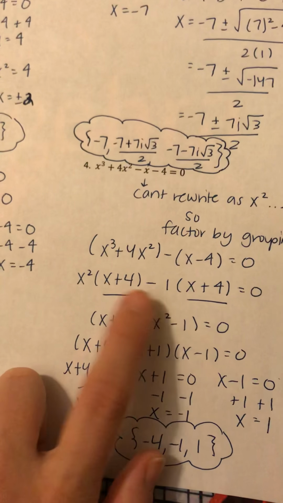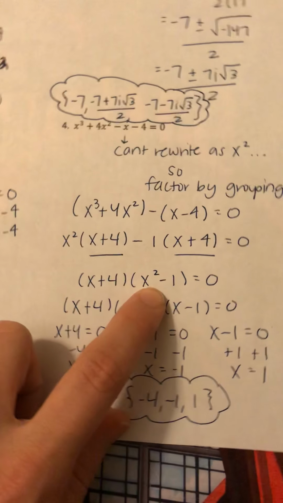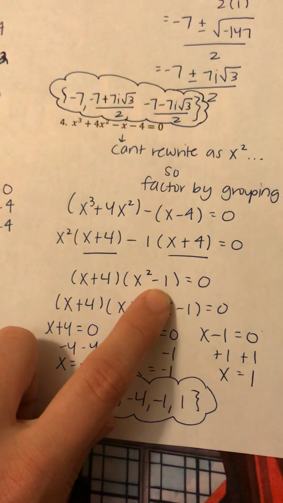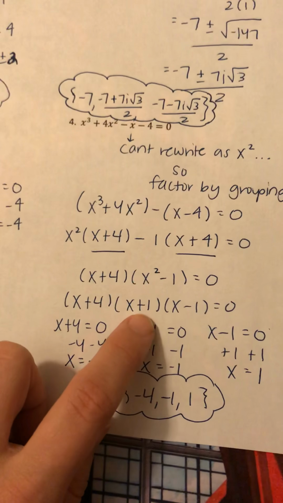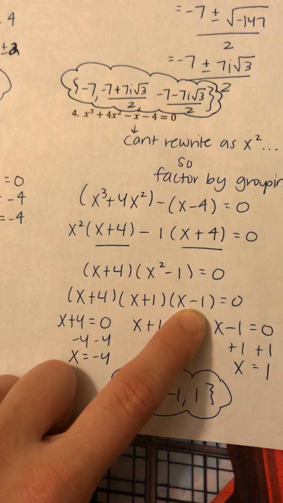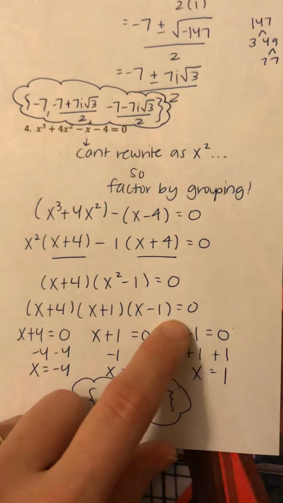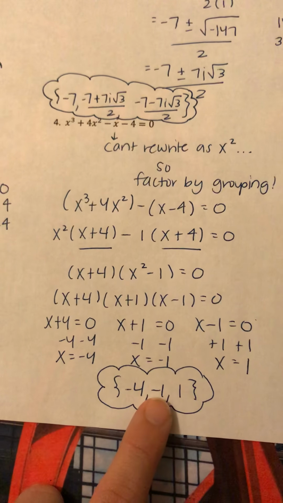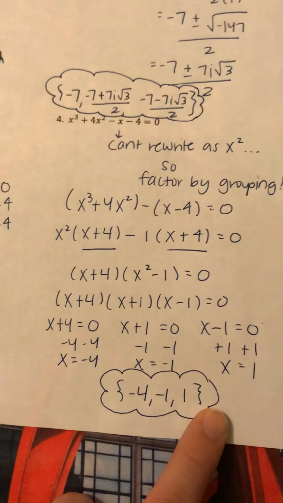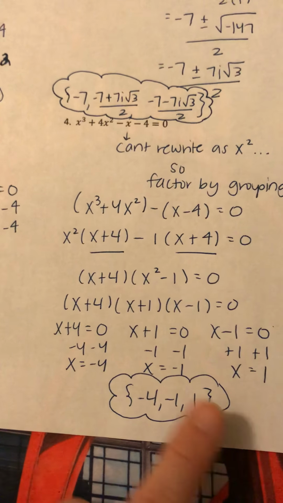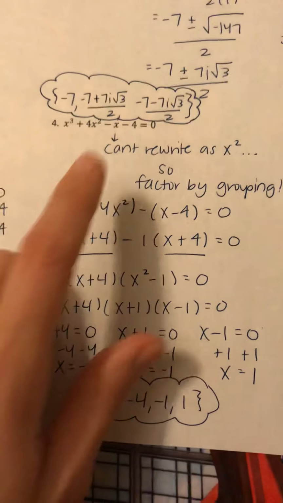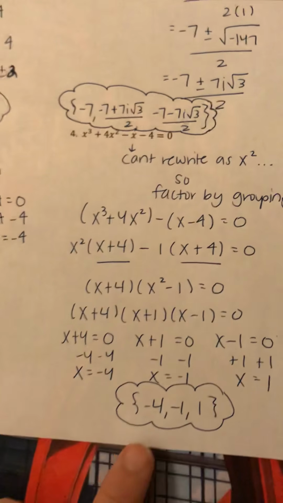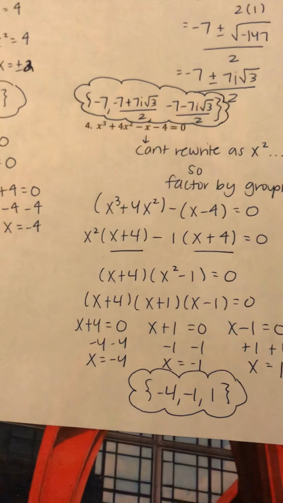This is what's left, x squared minus 1. That is a difference of squares, right? So you've got x plus 1, x minus 1. Use the zero product property, and bam, you get 3 answers, -4, -1, and 1. If you don't believe me, do what we did the other day, graph it. You'll see that this cubic crosses at -4, -1, and 1, okay?